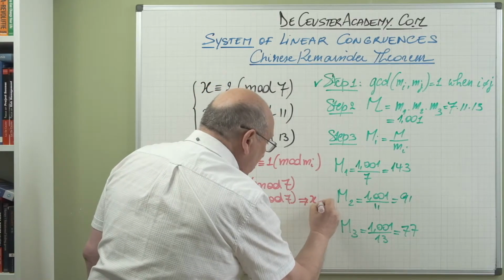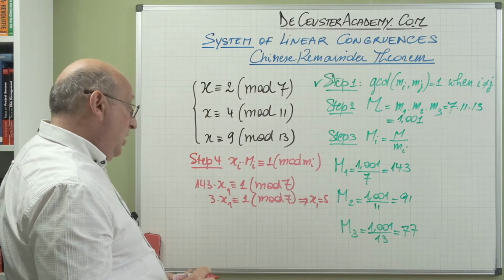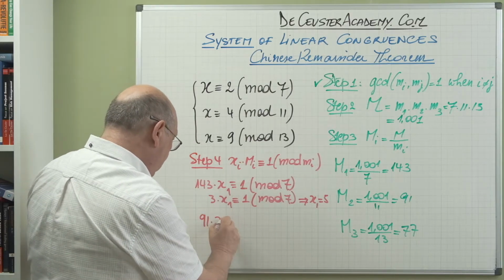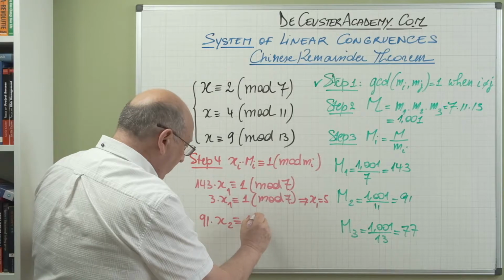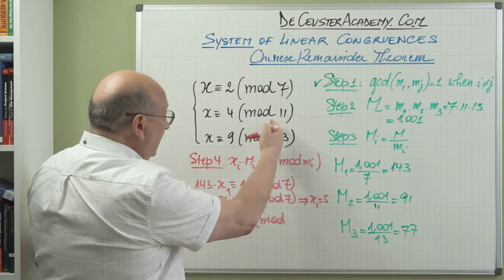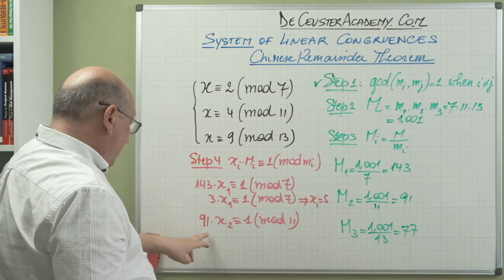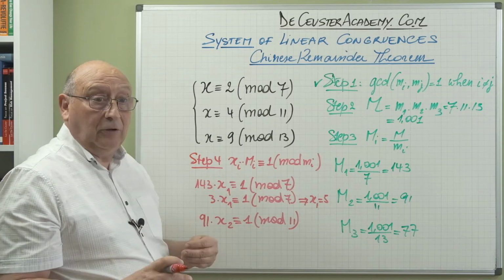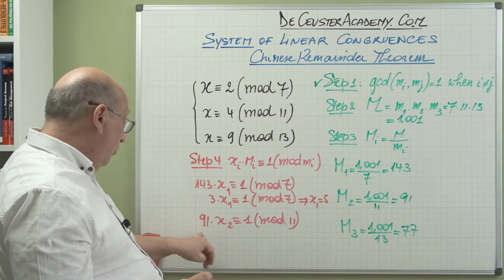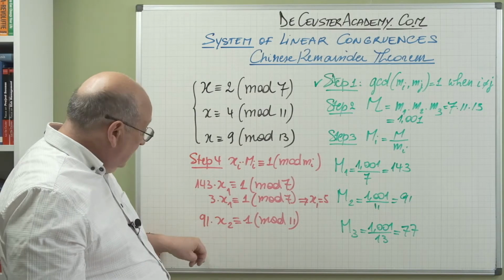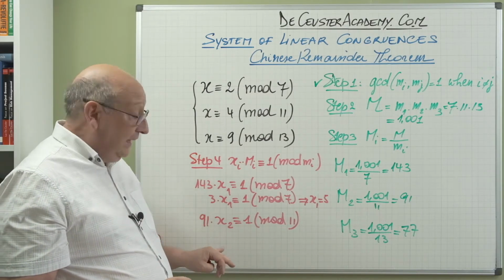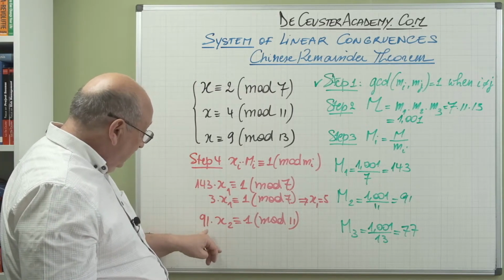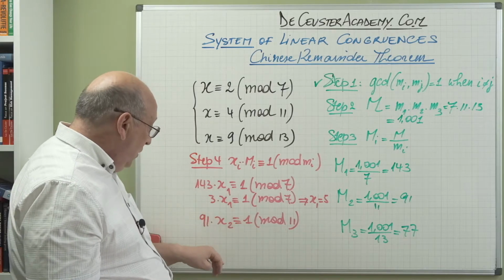x1 is 5. The second equation is 91 times x2 is congruent to 1 modulus 11. We can rewrite this with 11 and 91. 11 times 8 is 88, so 91 is 8 times 11 plus 3.